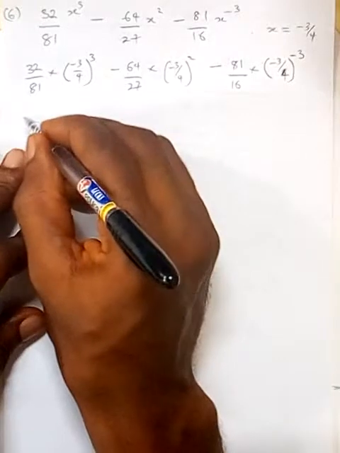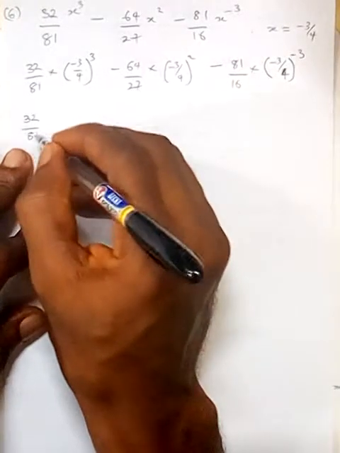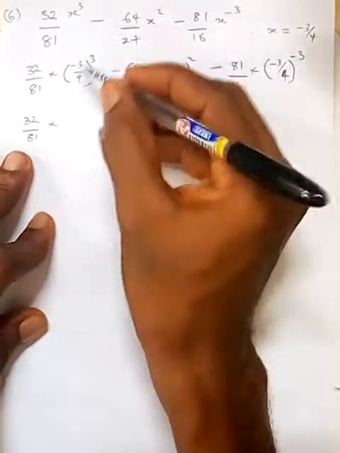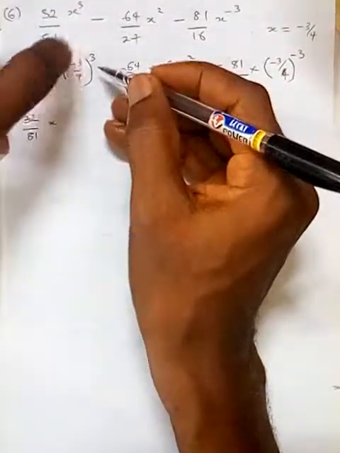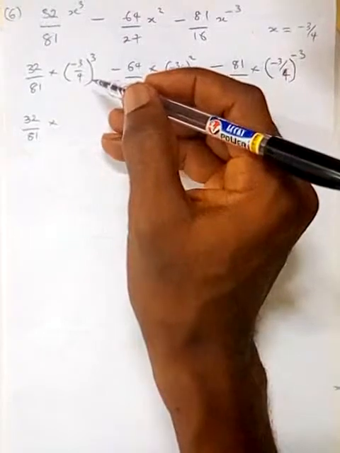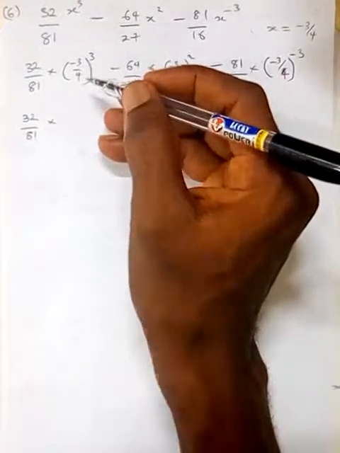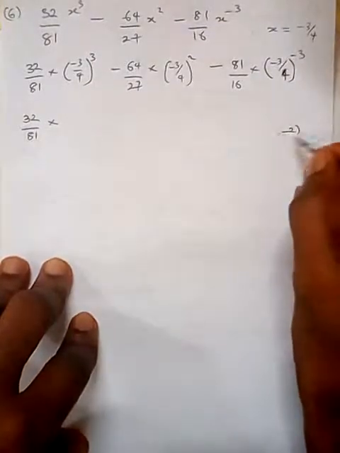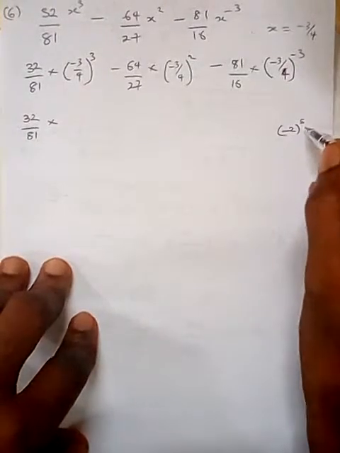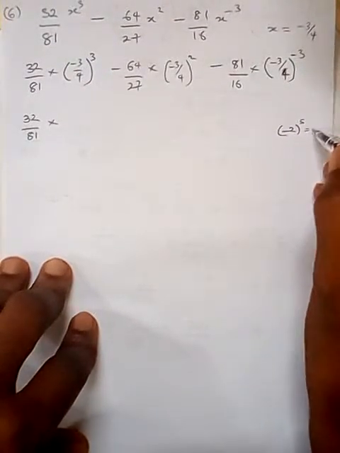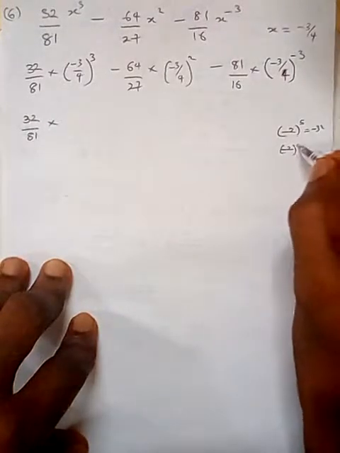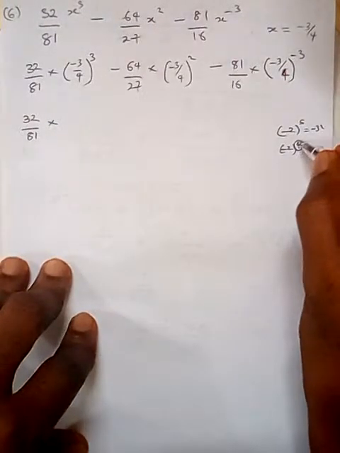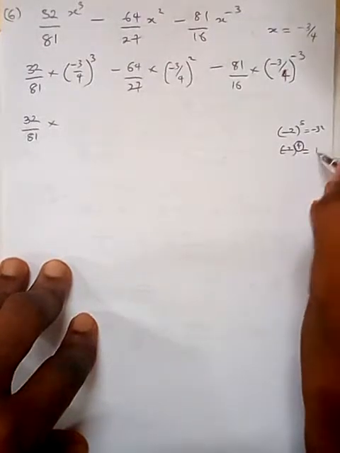Okay, so let's break it down. This is 32 over 81 times, and when you have a negative number raised to power an odd number, it's always giving negative. What I mean is minus 2 raised to power 5 always gives a negative answer, minus 32, but minus 2 raised to power 4, if this is even, it will give you a positive answer, and this is 16.